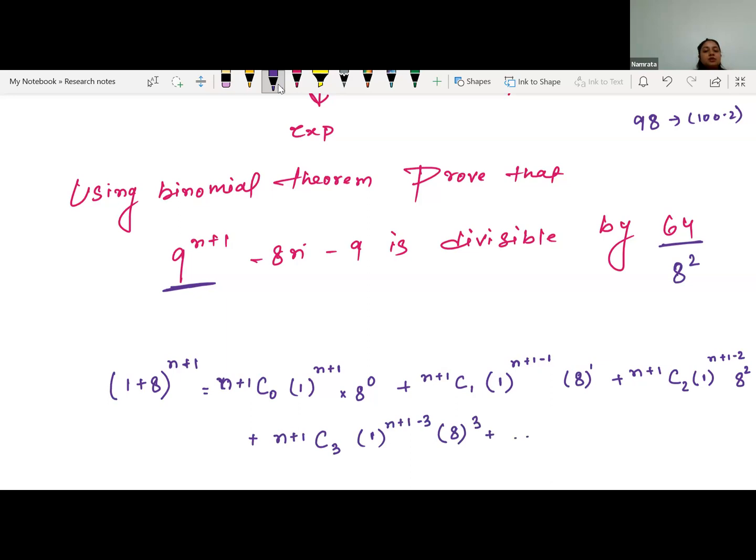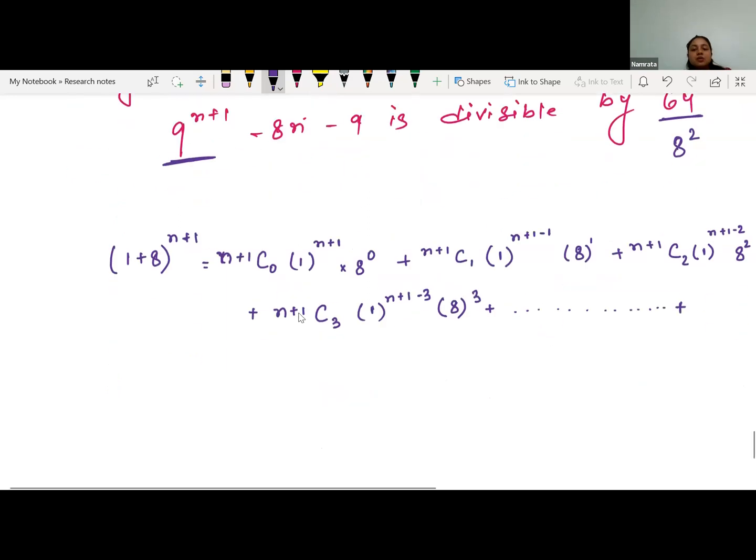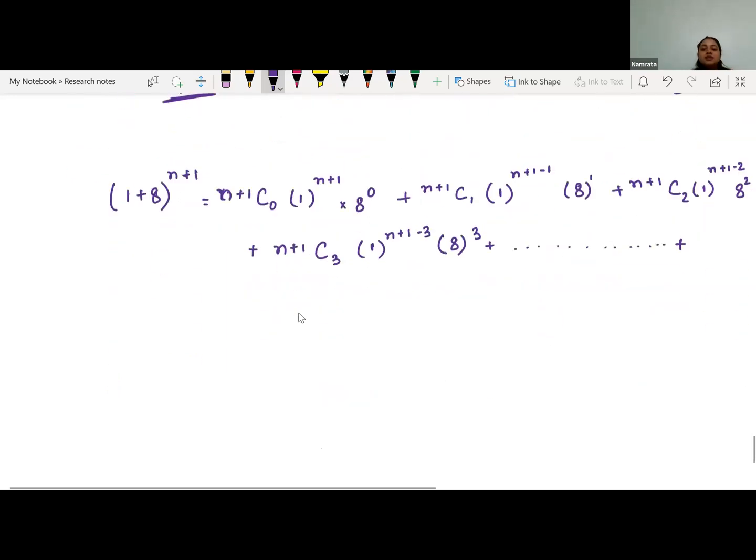Like that it will keep on going. Yes or no? Yes, ma'am. Now we will be having n plus 1 c n plus 1, 1 to the power 0, and 8 to the power n plus 1. This will be the last term, right?